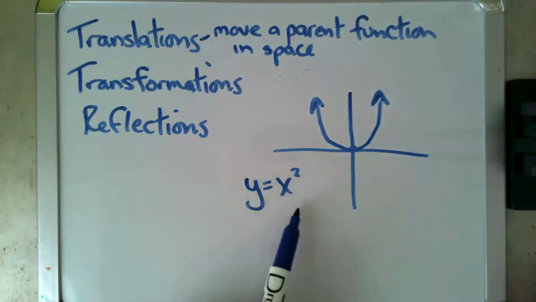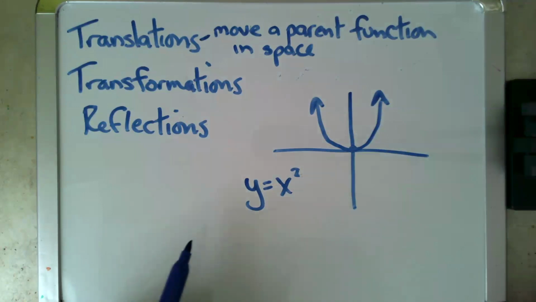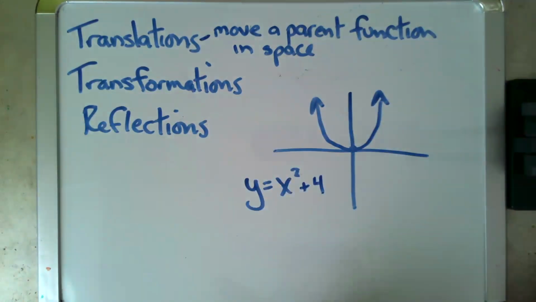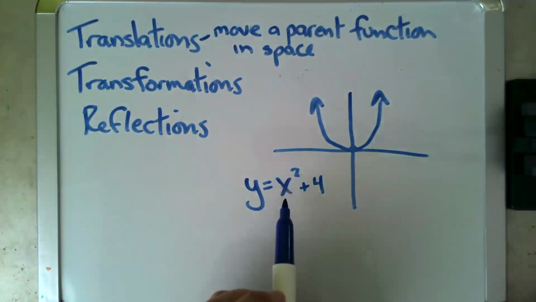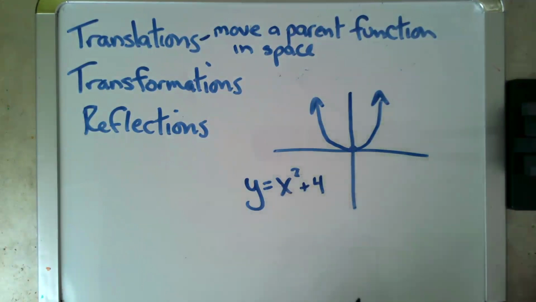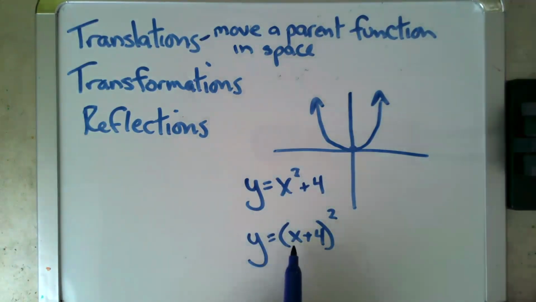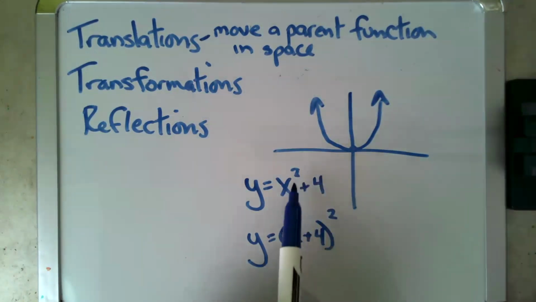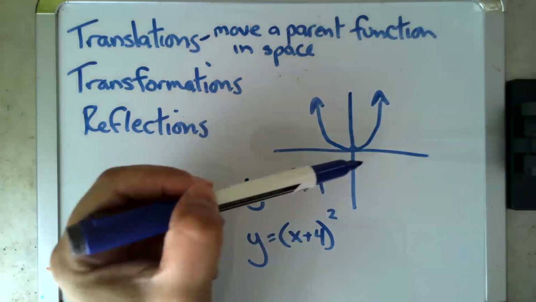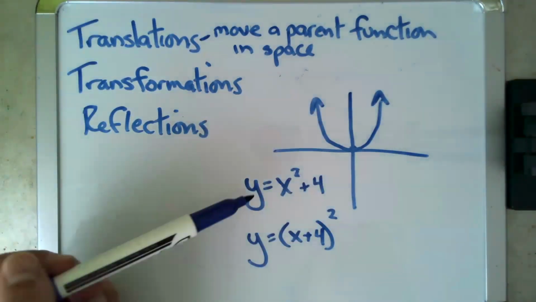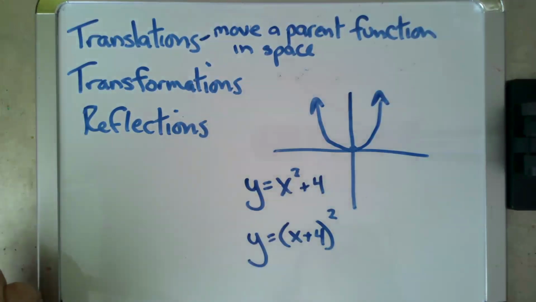If I were to take this parent function and add 4 to my x squared, I want you to note something. There is adding 4 to my x squared, and then there is also adding 4 to my x and then squaring it. Those are two different situations. In the first situation, I am taking my x squared function and moving it up 4 units.